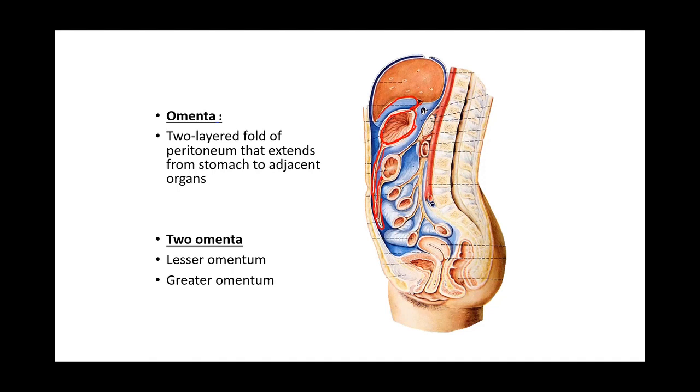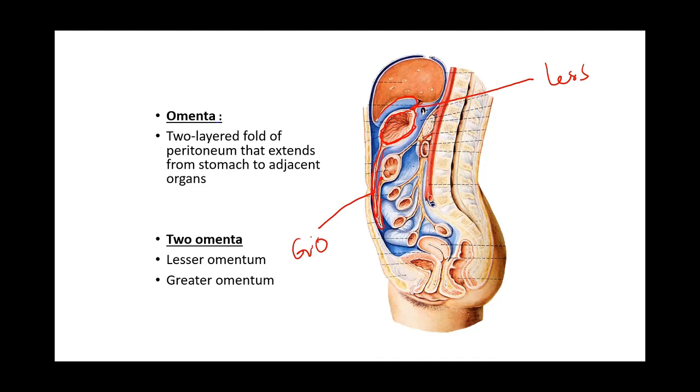Now, there are two omentum. This is the lesser, the one coming from the liver, and this bigger one, as we mentioned, that has a double layer and folded up to attach to the transverse colon from the stomach, is the greater omentum.